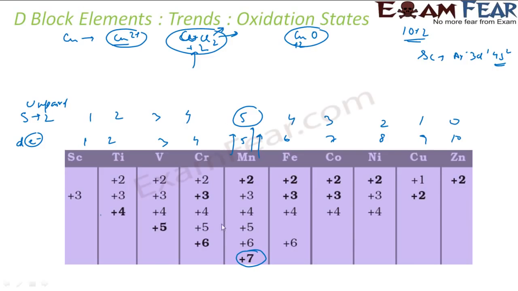And also the multiple oxidation states: most of these have multiple oxidation states, and the reason is typically small second and third ionization energies. The second and third ionization energies are not that high, so it is a little easy to ionize these atoms.